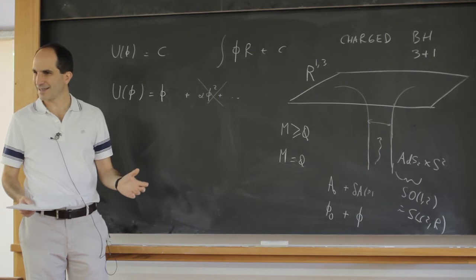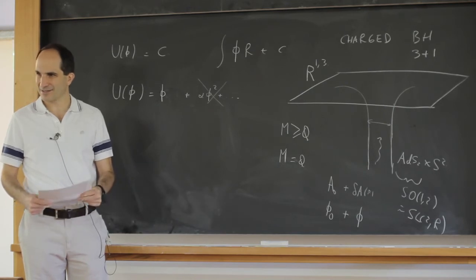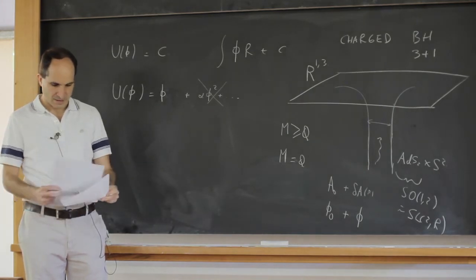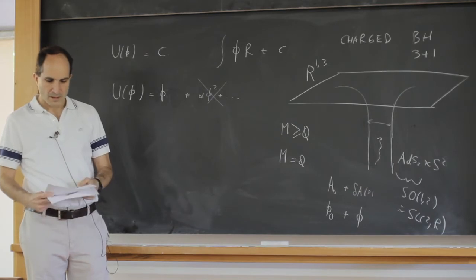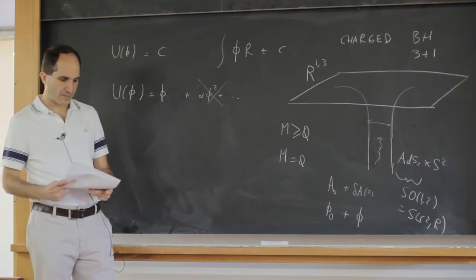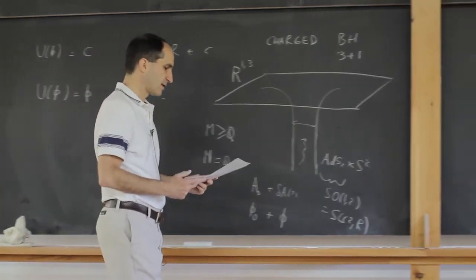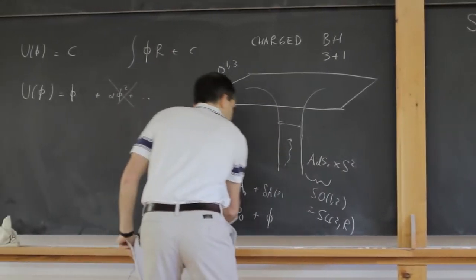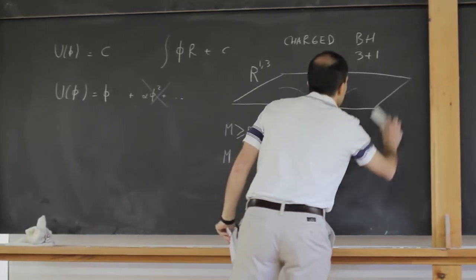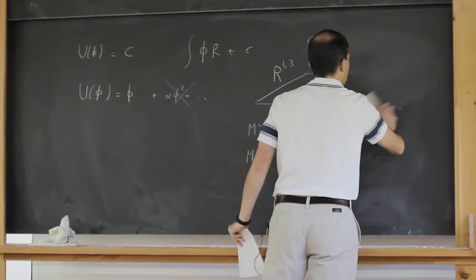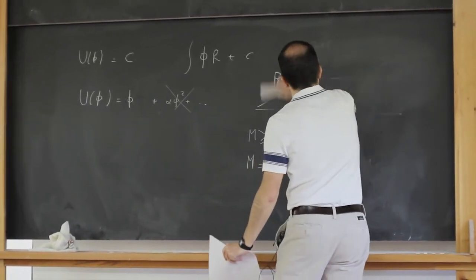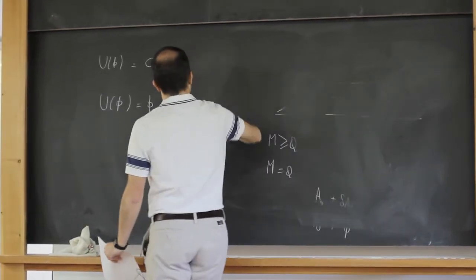I expect it to be the case, but as far as I know, it has not been shown explicitly. Okay. Now, that ends the discussion of the relevance of this action. We now are going to start analyzing some aspects of the dynamics of this gravity theory.